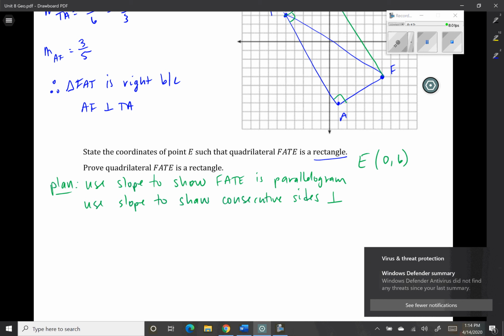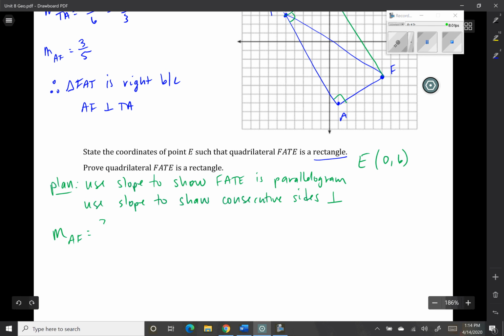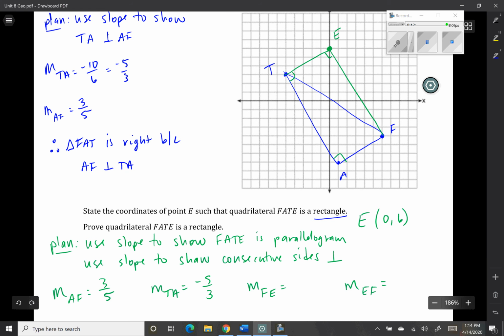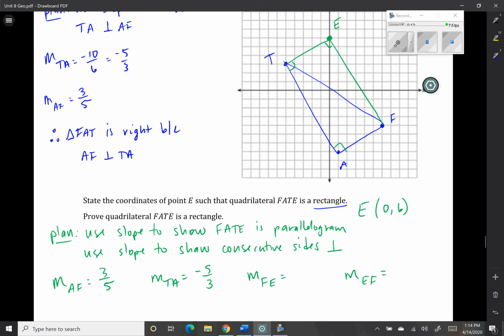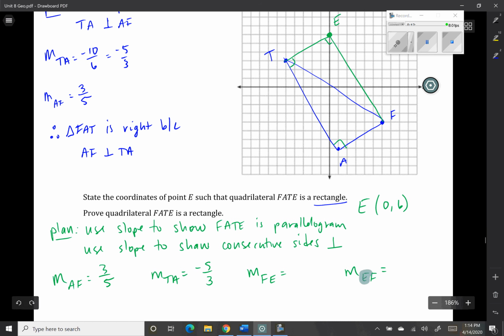I need to find the slope of AF, which I know already. I need to find the slope of TA, which I know already. I need to find the slope of FE, and I need to find the slope of TE. So looking at your picture, the slope of EF, well, FE and EF are the same, so we'll make this TE, sorry.